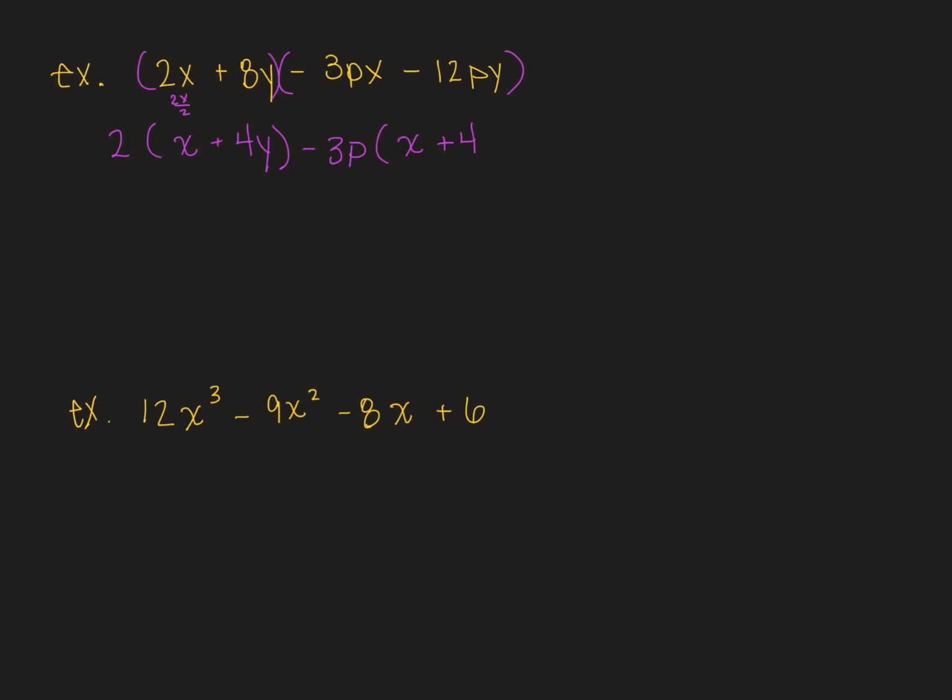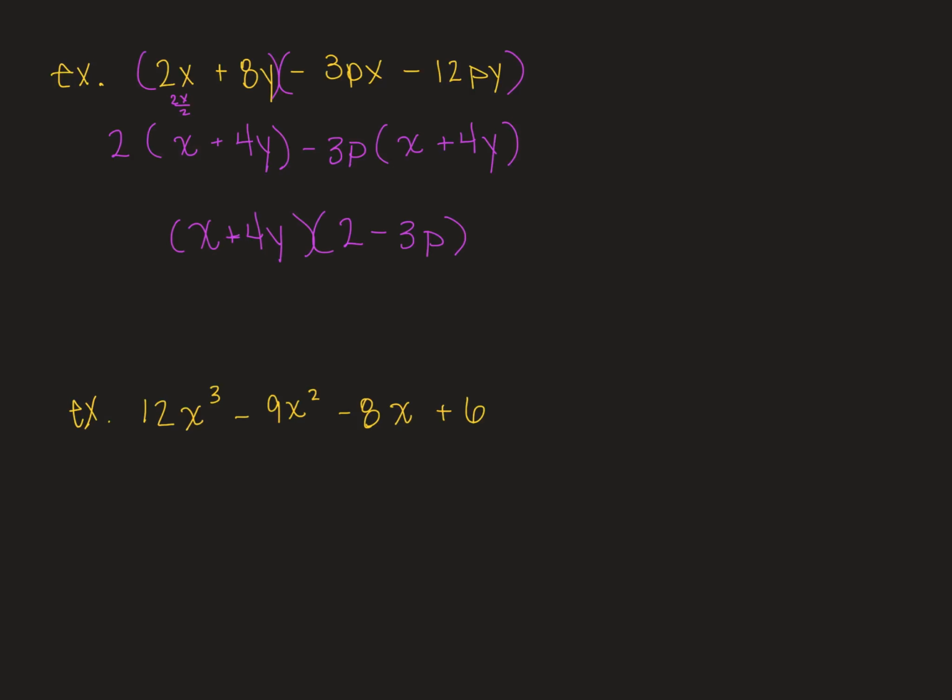And when I take out that p, it's going to be left with a y. So again, this is a fantastic sign. When you have the same binomial or the same factor that's left over, we're going to write that first. So we have our x plus 4y, we're going to write that first, and then we write what we've taken out, so our GCFs. So it was 2 minus 3p.